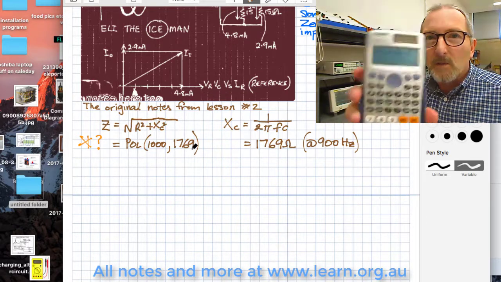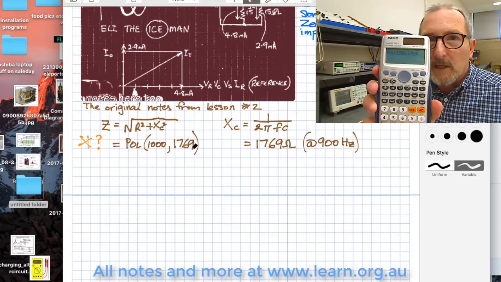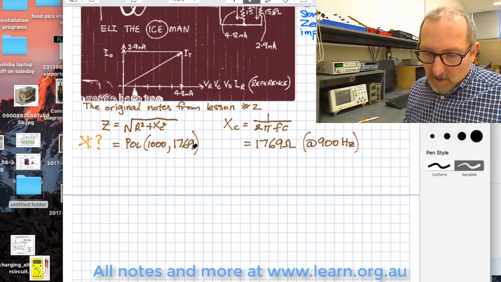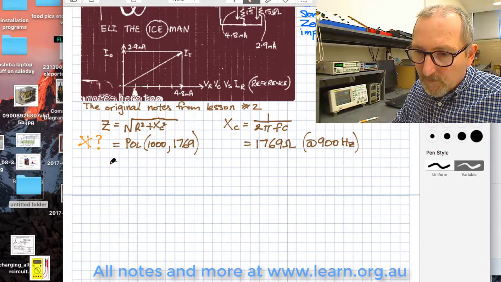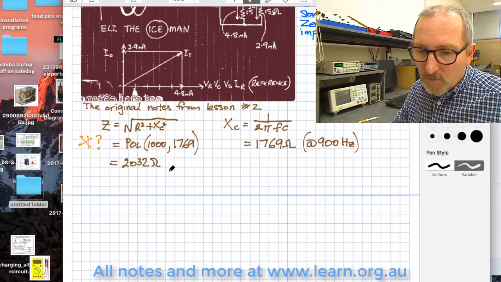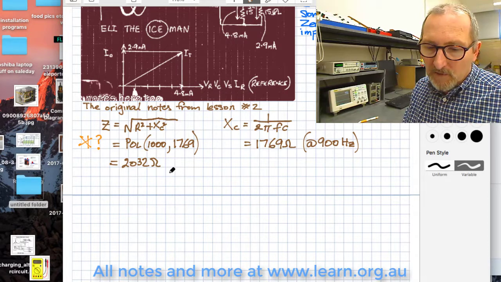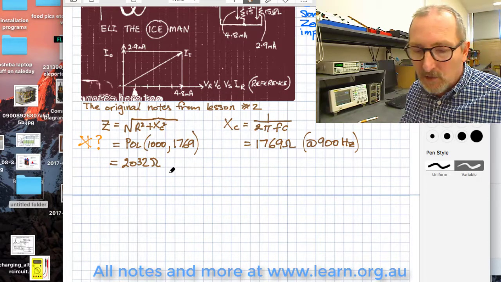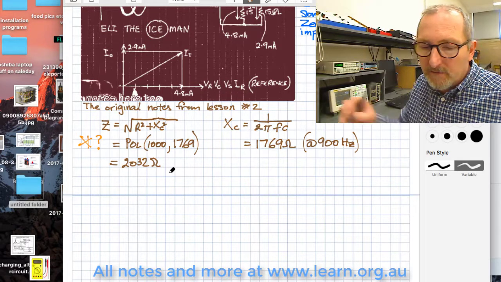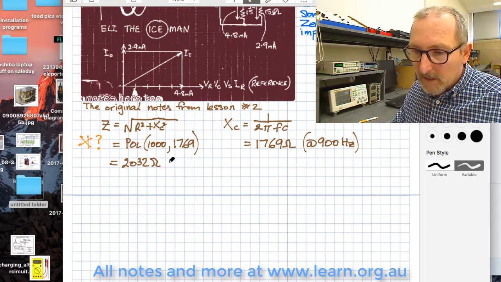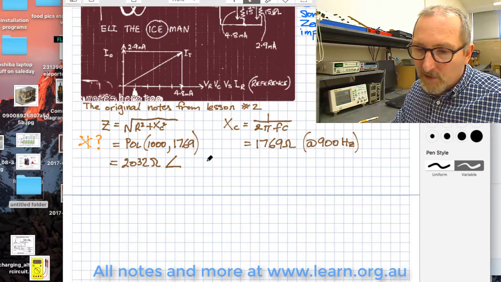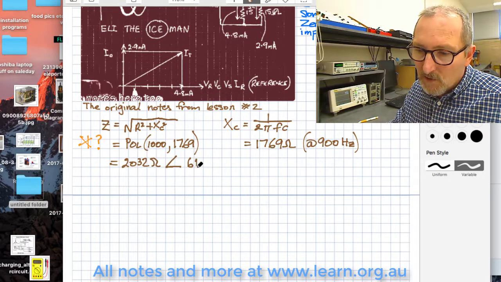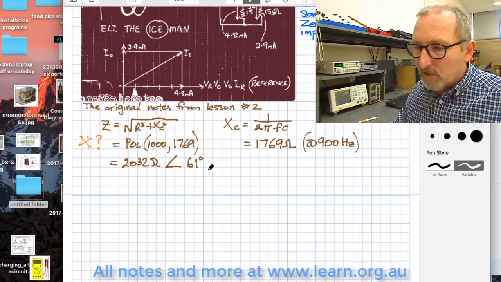I don't know how clear that is on the display there. Equals, and we get an impedance of 2032 ohms, and using the rectangular to polar function on the calculator, this also gives me the phase angle of the circuit, theta, and that's going to be at an angle of 61 degrees. 61 degrees.